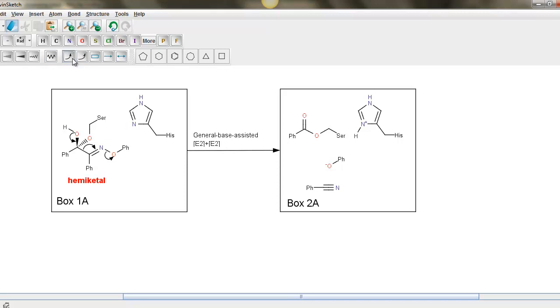A should be right, and then the electron flow, it's a general base assisted, so this comes over here and grabs the hydrogen, that bumps this off onto there, that goes onto the double bond, and that bumps off.